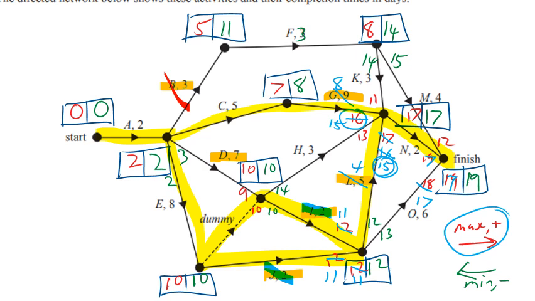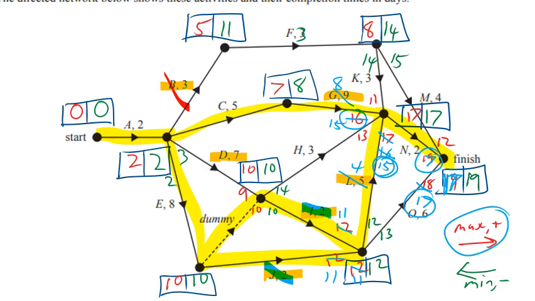So the new minimum time is 17 days. We found that out over here. So it's 17 because we got a 17 coming in here and a 17 coming in here now. But don't forget to reduce activity G. Only 15% of people spotted that activity G had to be reduced.